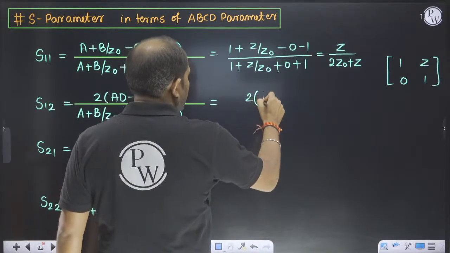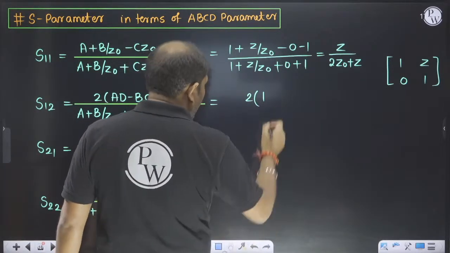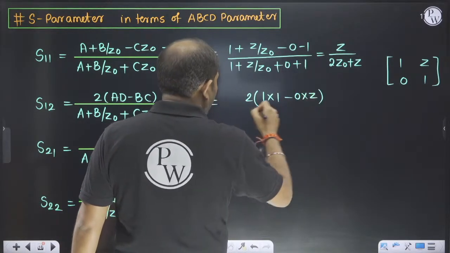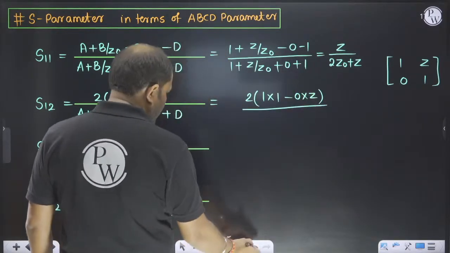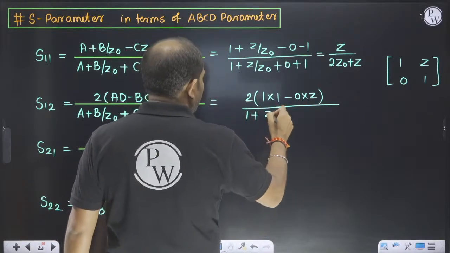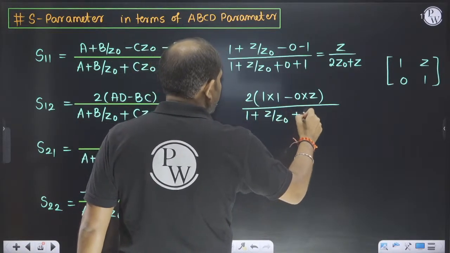So AD is 1 into 1 and 0 into Z, and then after that 1 plus Z by Z naught plus 0 plus 1.